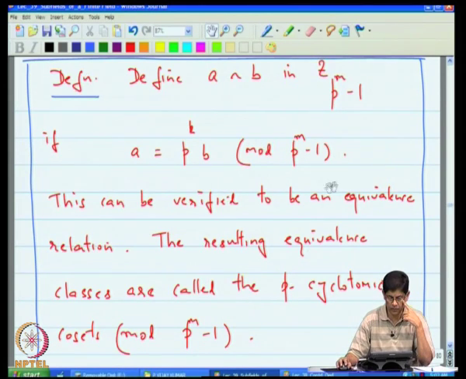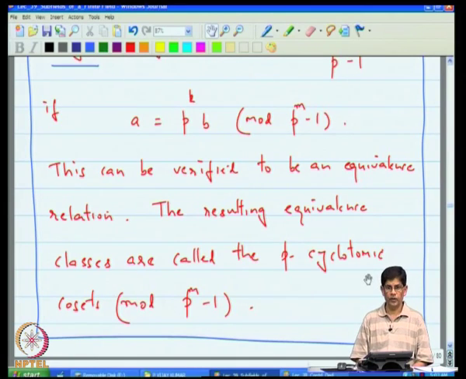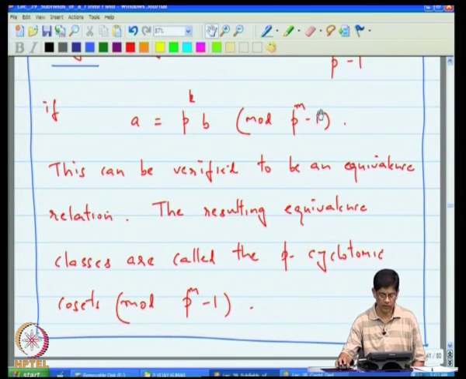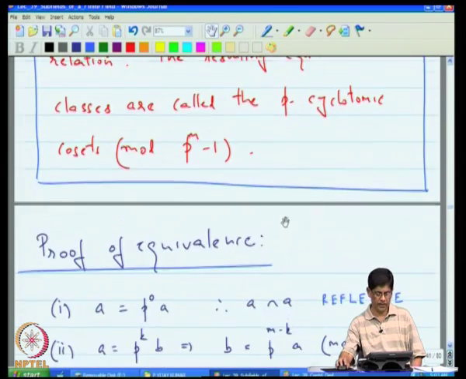So, it is modulo p to the m minus 1. Now, you can verify this to be an equivalence relationship, and the resulting equivalence classes are called the p cyclotomic cosets mod p to the m minus 1. So, the reason why it is called p cyclotomic cosets is because the p appears here, and modulo p to the m minus 1 I have already explained.